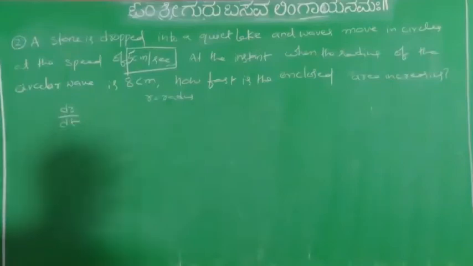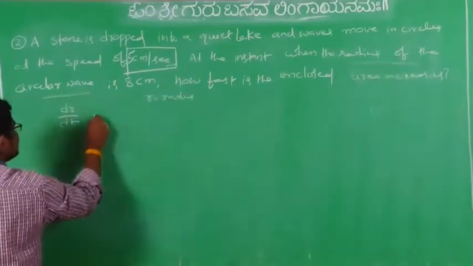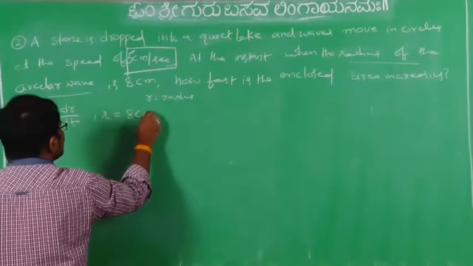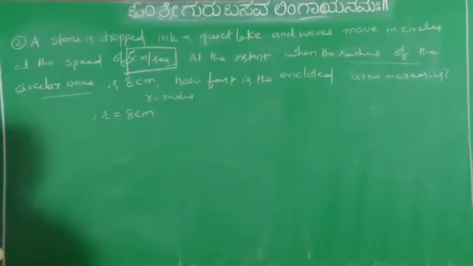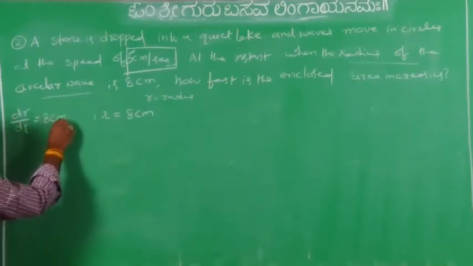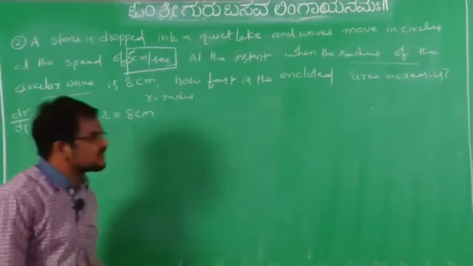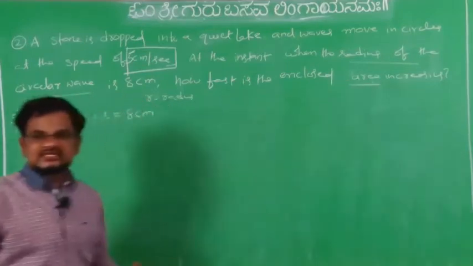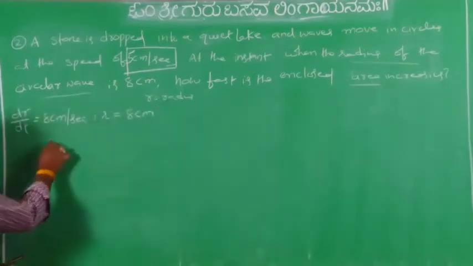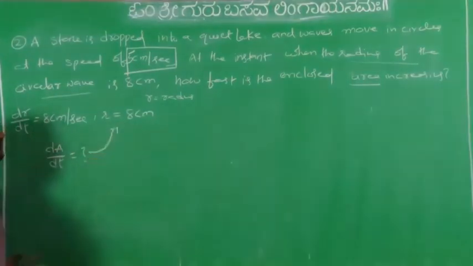Next, when radius of the circular wave is r equal to 8 centimeters, and dr by dt equal to 5 centimeter per second they given. Now finally what they asking, area of the circle, means dA by dt we have to find when r equal to 8.